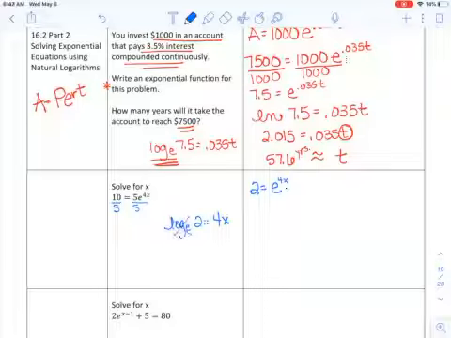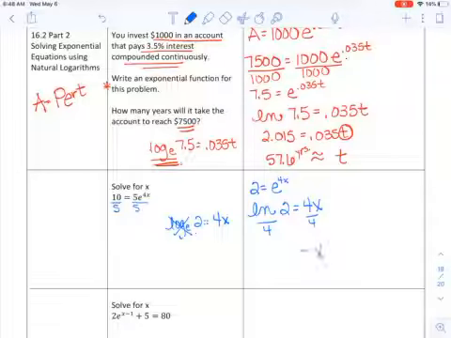But again, I don't write log e. So I'm going to write the natural log of 2 equals 4x. Natural log of 2 is a number. I'm going to plug that into my calculator, and then I'm going to divide by 4. And x is about 0.17.